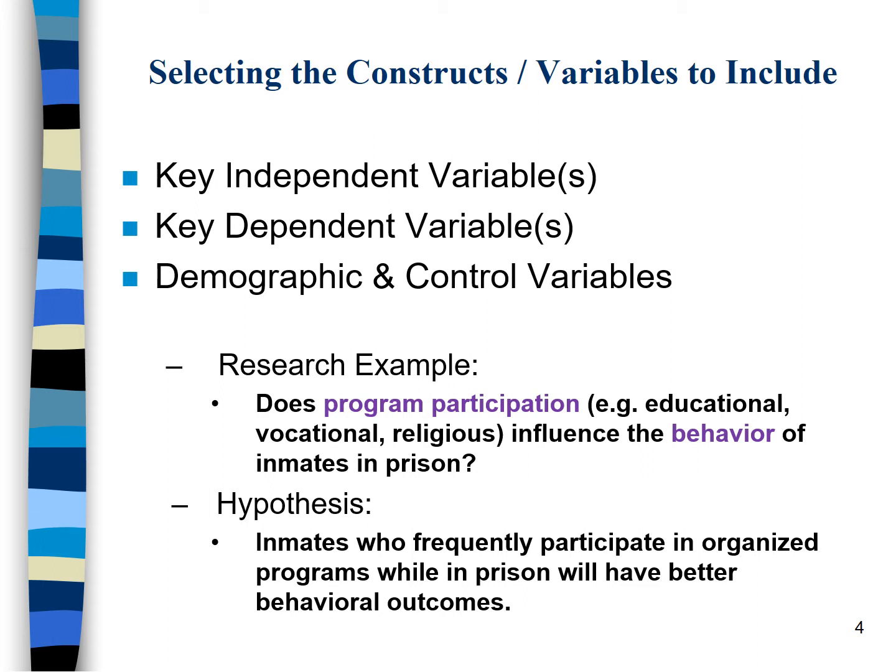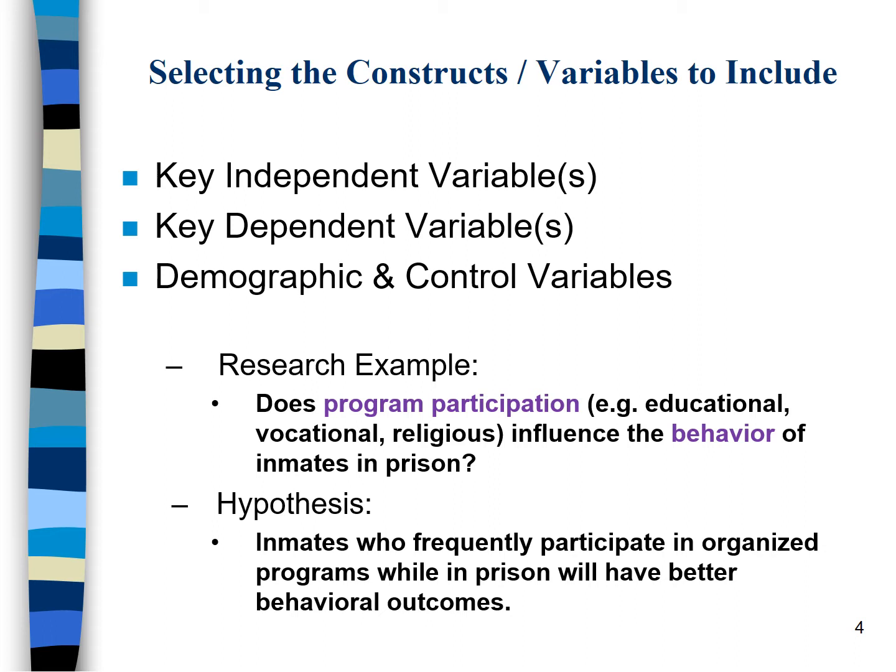So as in any research study, I typically take my research question and then I translate it into a testable, predictive research hypothesis. So in this example, you might imagine that I would say a hypothesis along the lines of inmates who frequently participate in organized programs while in prison will have better behavioral outcomes.